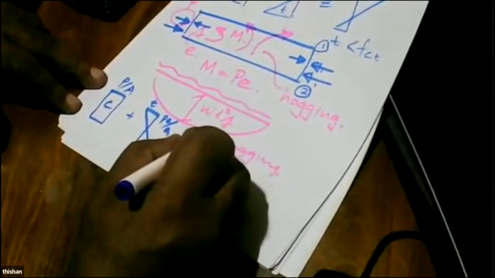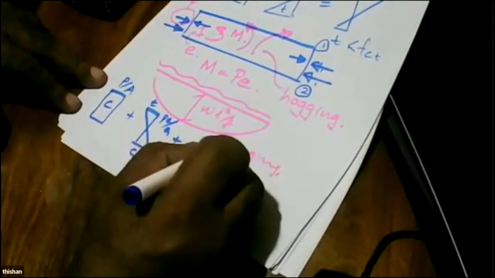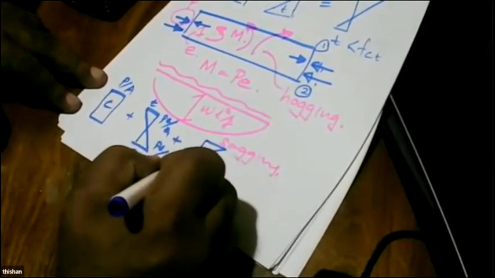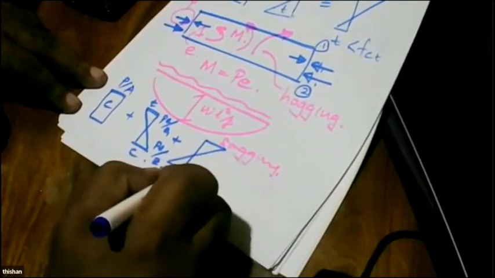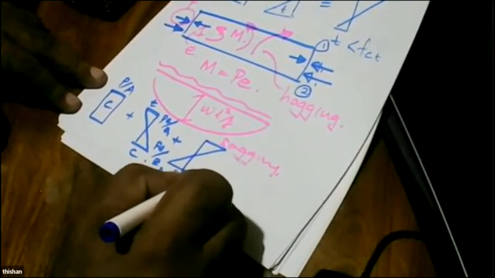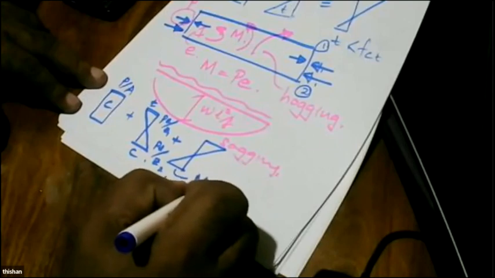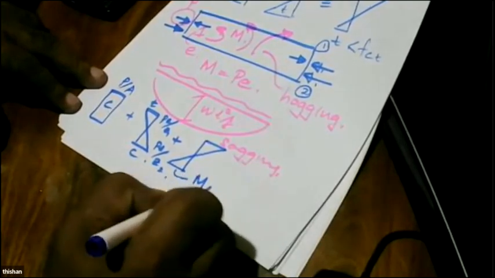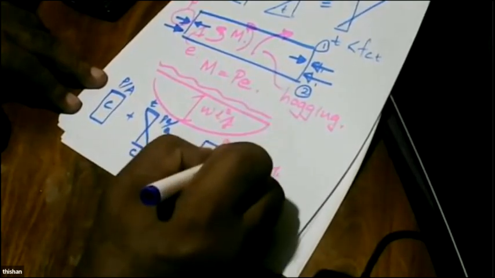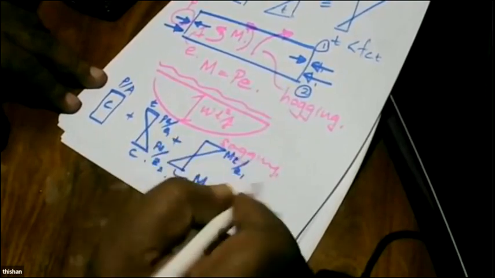And then I will get another diagram which goes with compression and tension as M live divided by Z2, M live divided by Z1.